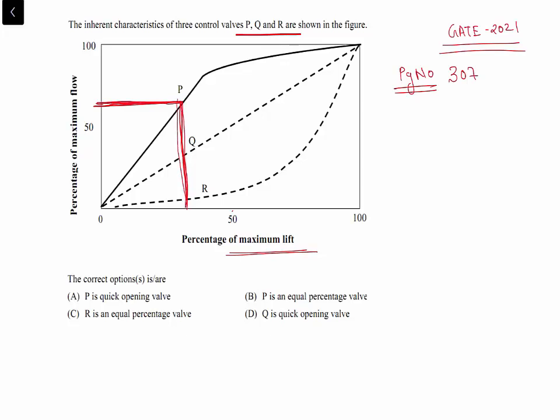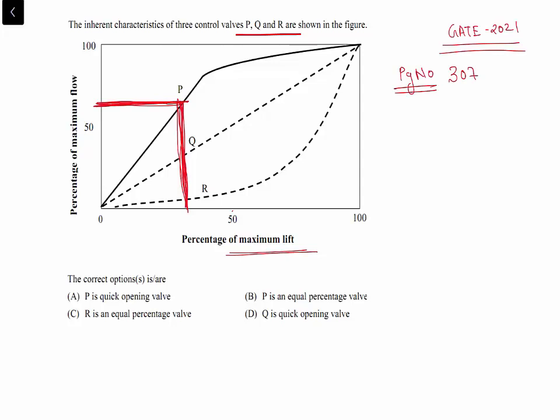Even if you have not read the book properly, just use your graphical interpretation. Being an engineer, you have to use your graphical mind. For this P you are getting the maximum flow.